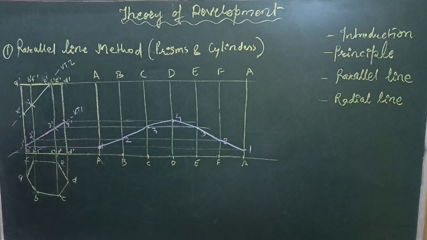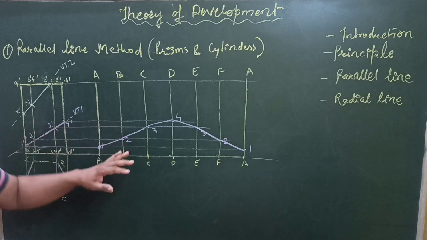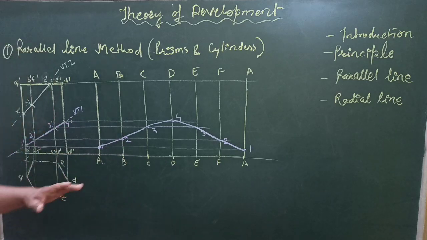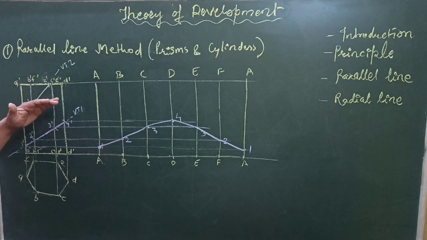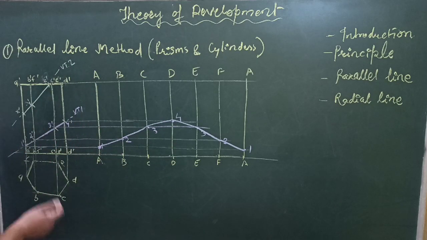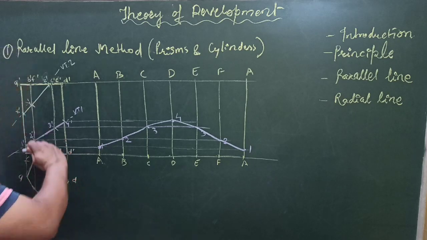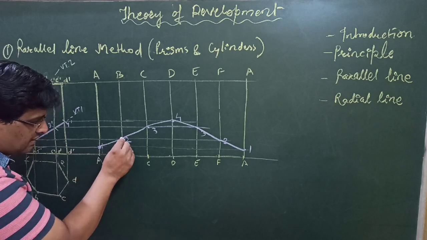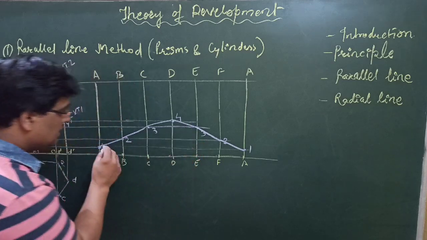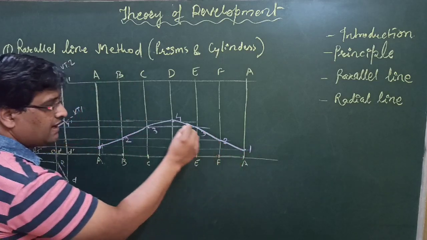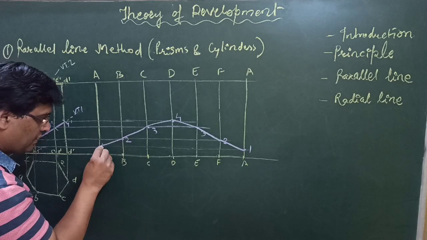If there would be only one cutting plane, say this one, then whatever part you are asked for in the problem, the upper part or the lower part, that part must be darkened in the development. For example, here they asked that the lower part should be darkened, so darken this lower part only. This is called the line of intersection of the development.